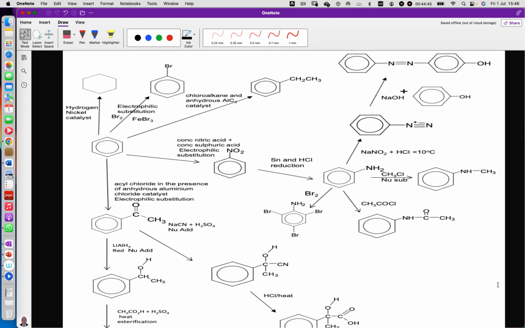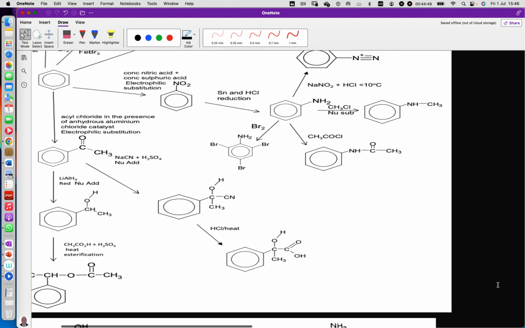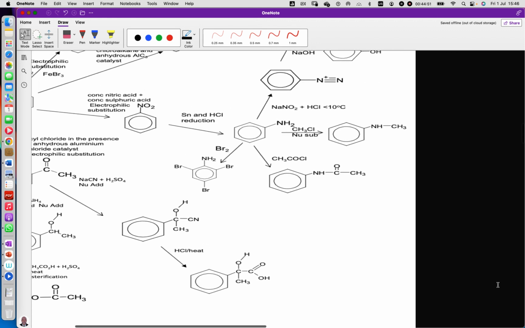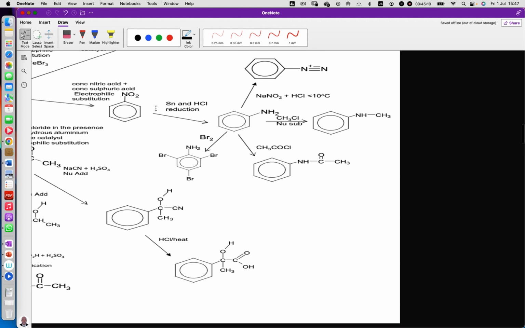The next one is now the nitrobenzene. It should be noted that the nitrobenzene, which is this one here, will do what?